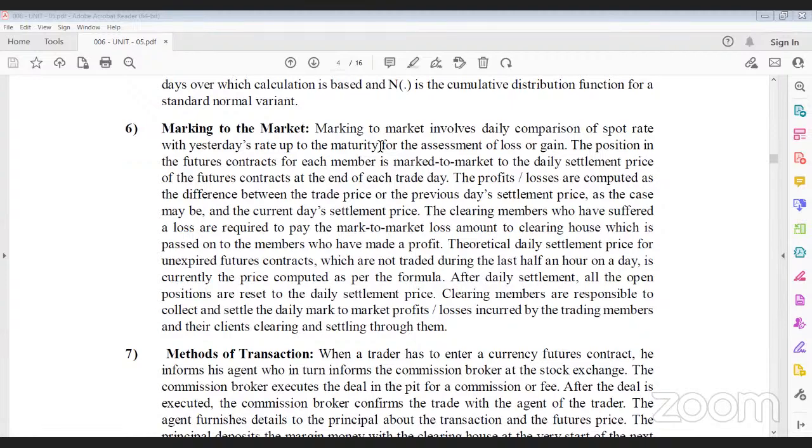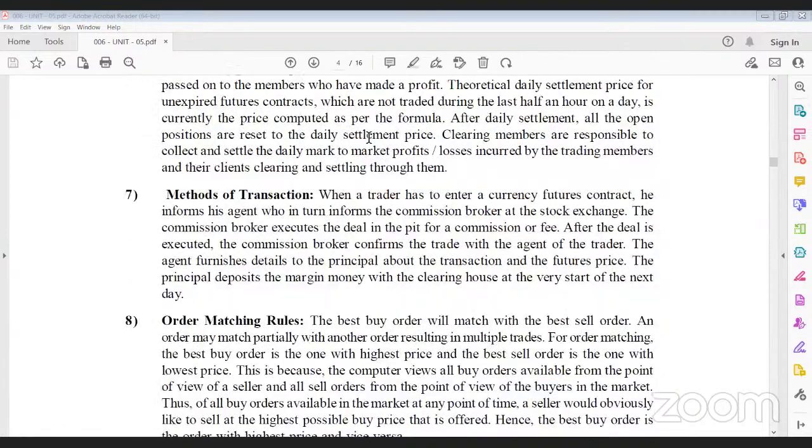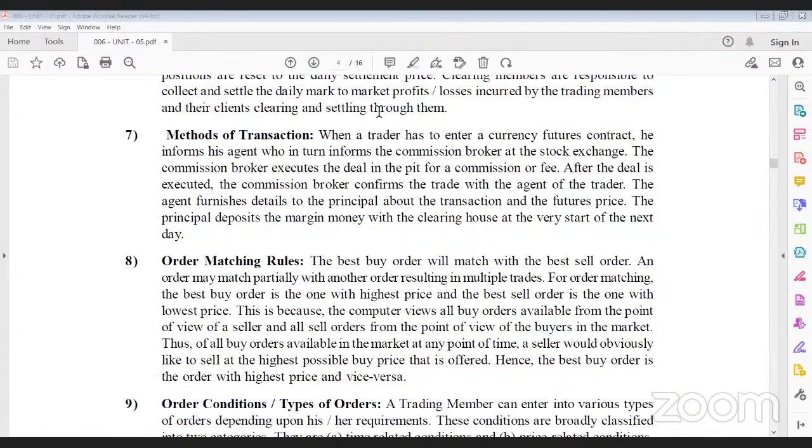Then we have methods of transaction. What are the methods of transaction? Currency futures contracts instruct the agents, who also act as commission brokers at the stock exchanges, that is NSE and BSE.